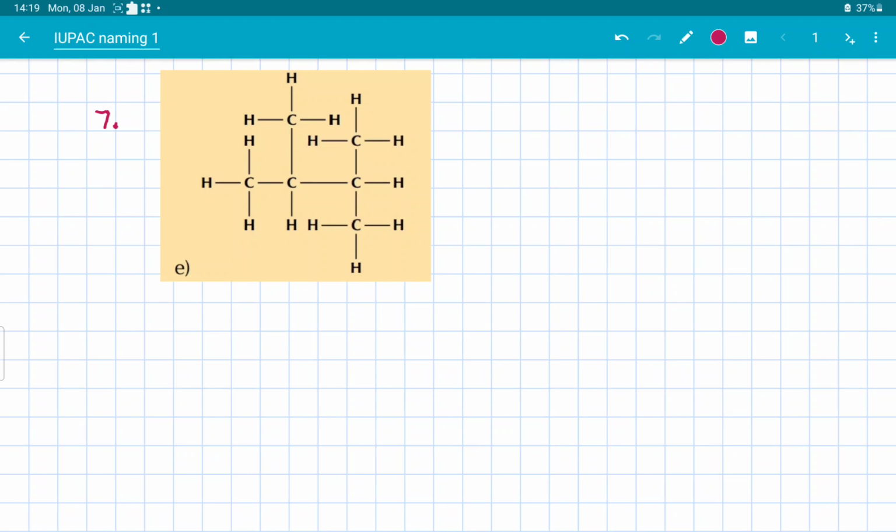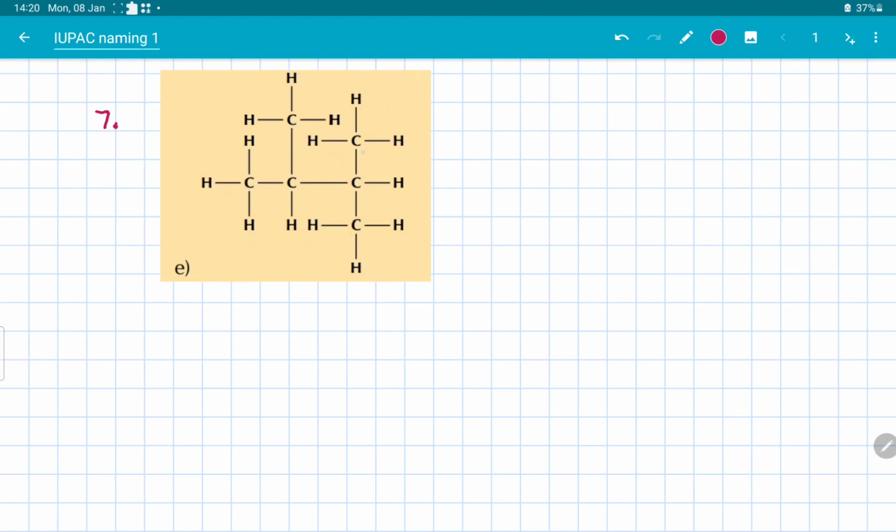Now remember continuously. Let's find the longest continuous chain possible here. Again, there is no functional group. So we can count from the left hand side, 1, 2, 3, 4. That results in me having branches at carbon 3 and carbon 2. If I start from this side, 1, 2, 3, 4, again I have branches at carbon 2 and carbon 3.